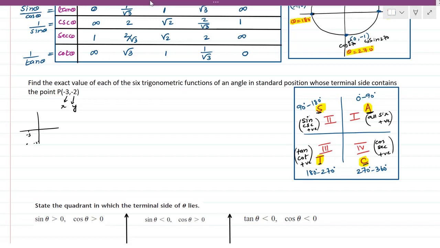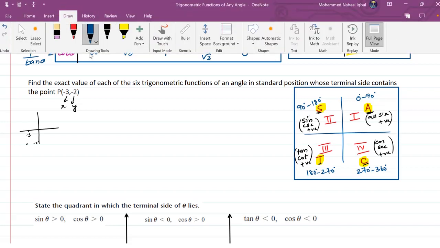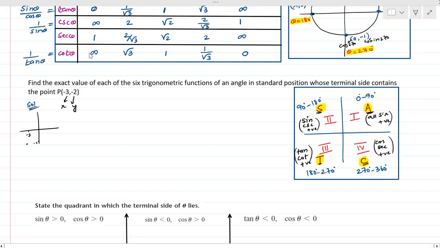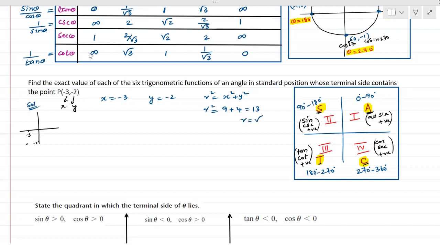First, you have to calculate the r value. Given x equal minus 3, y equal minus 2, what is r? r is equal to the square root of x squared plus y squared, which is the square root of 9 plus 4, which equals 13. So r squared is 13, and r is equal to root 13.